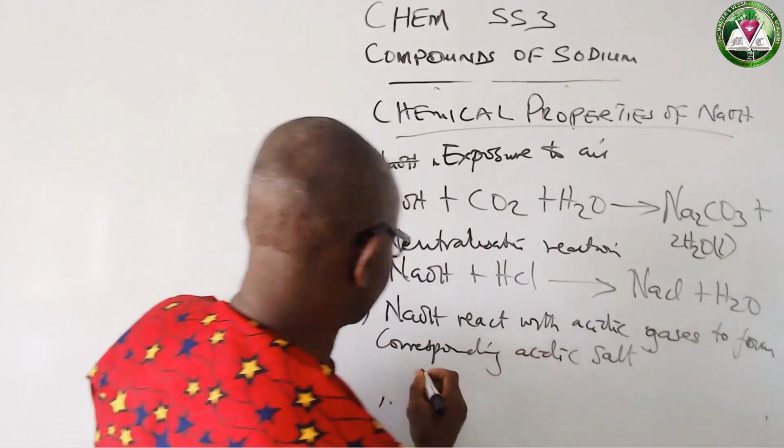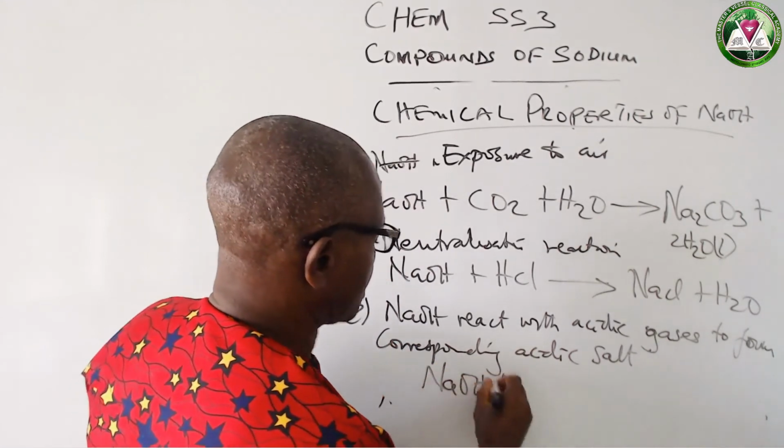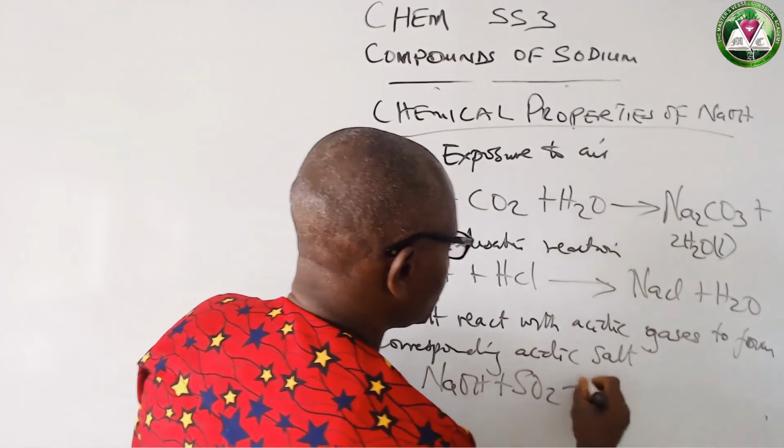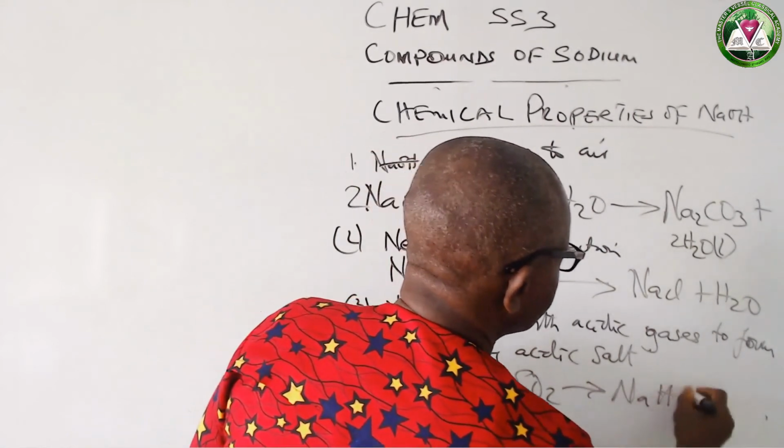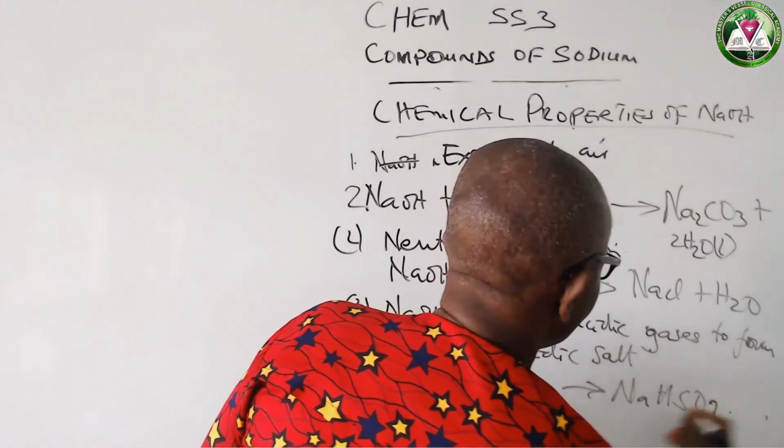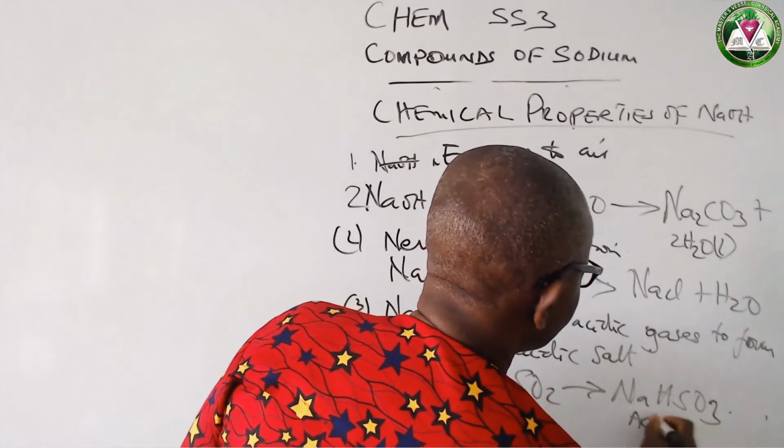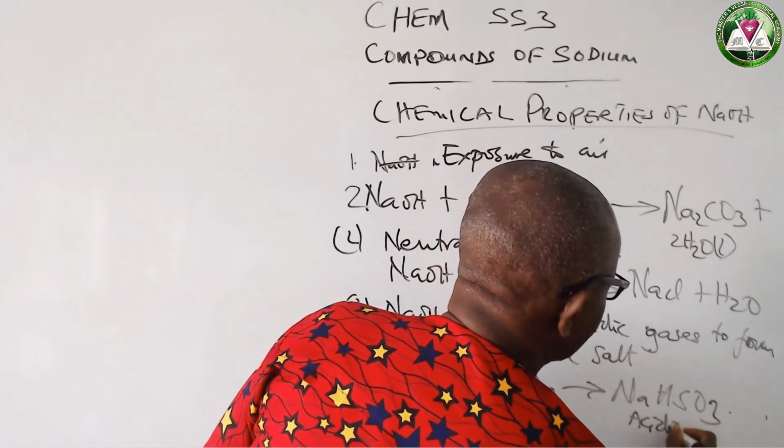For instance, sodium hydroxide reacting with SO2 will give you NaHSO3. This is an acidic salt, or an acid salt.